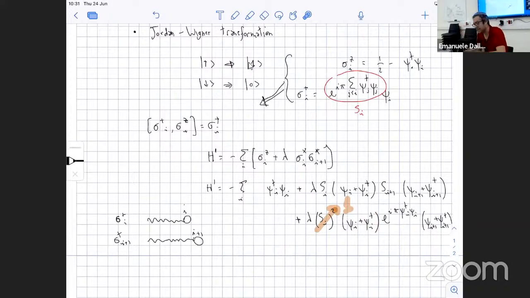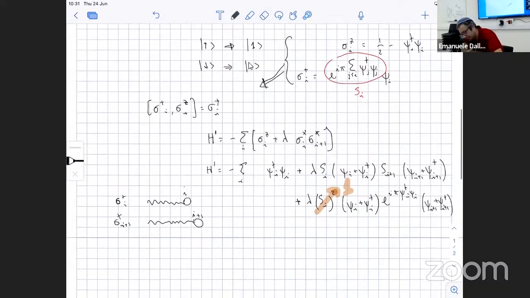So out of the two options, either this one acts and you get a minus sign, or this term acts and you get a plus sign. So this is equivalent to plus lambda (psi_i^dagger minus psi_i) times (psi_{i+1}^dagger plus psi_{i+1}).